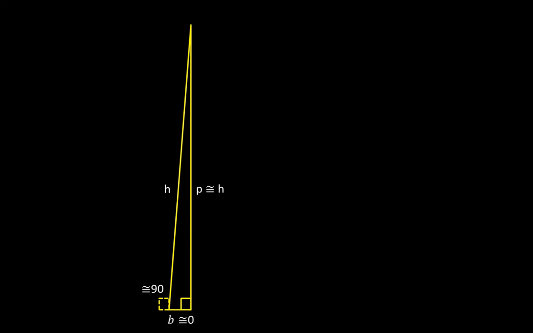And in such a case you will have the angle opposite the perpendicular also close to 90 degrees. So in this triangle, let's try to find the sine, cos and tan values for 90 degrees. So pause the video and try this.